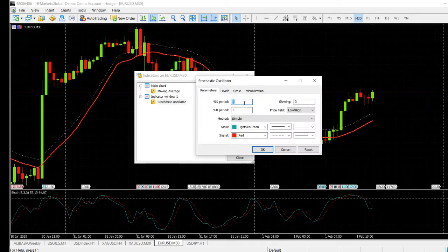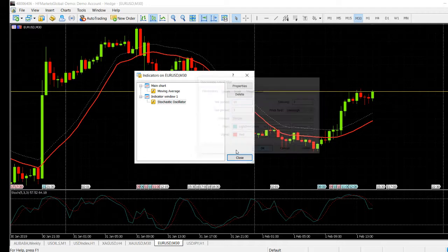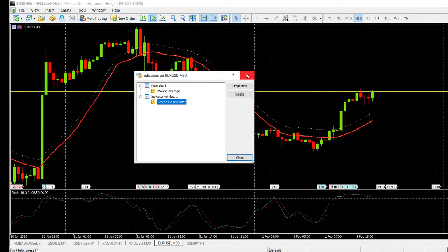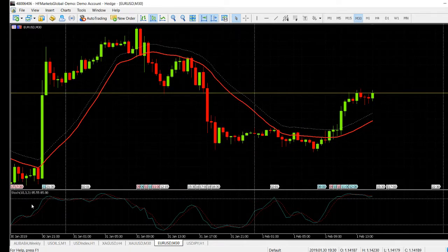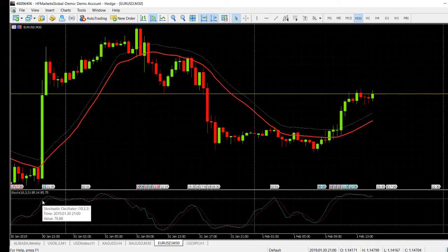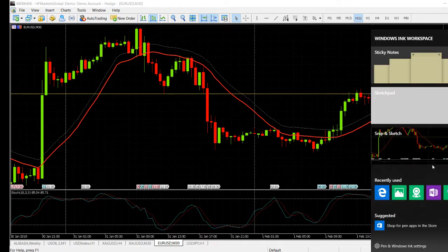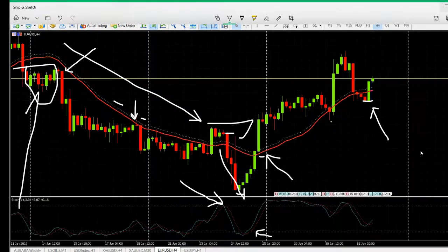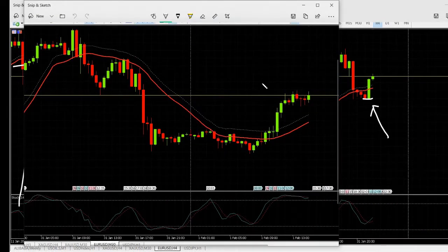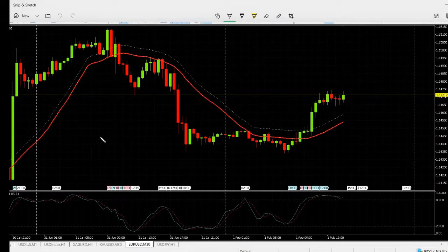Change it to 10, 3, 3, for example. So here again, look, that's why I'm saying this stochastic oscillator can help you.